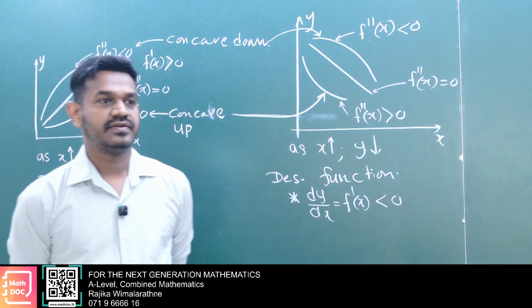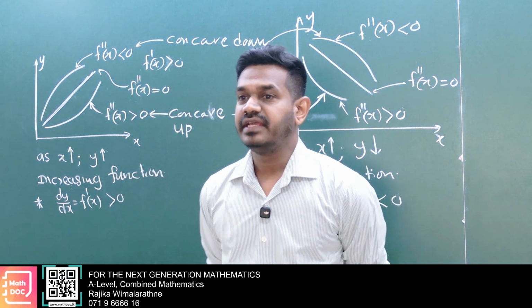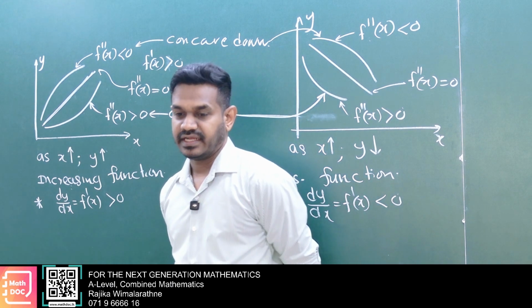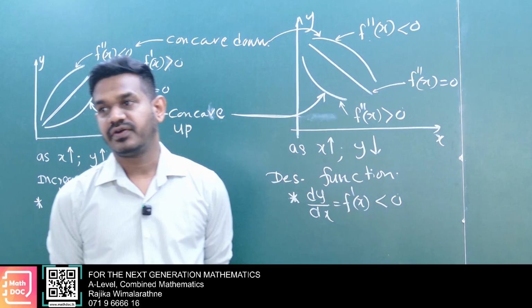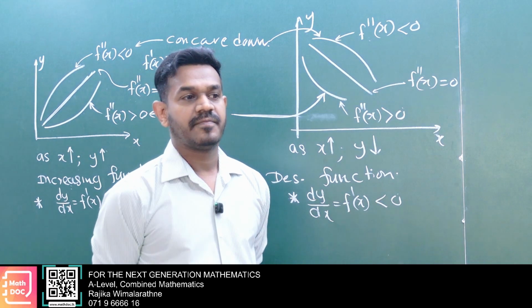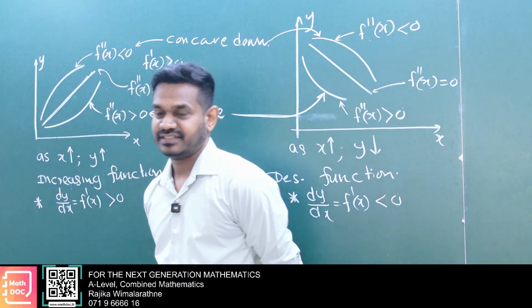Next star mark: when dy by dx is greater than 0, the function is an increasing function.